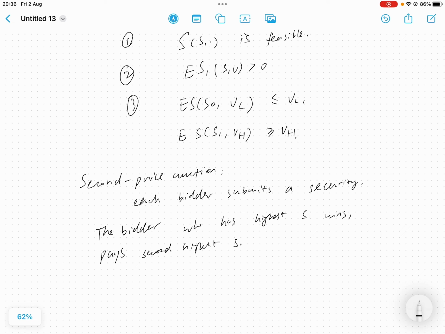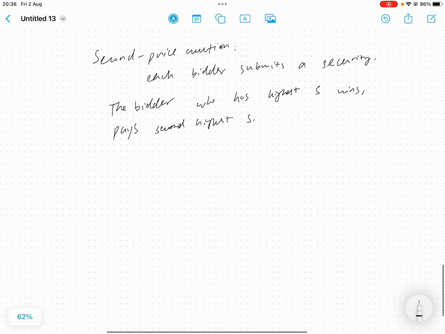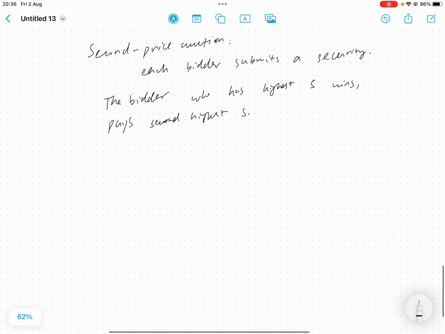Similarly, we have shown in the other episodes that the equilibrium for the second price auction is that each bidder bids their own private value, right? So here it's pretty similar, but it's using securities. That's given in their Lemma 2. The unique equilibrium in weakly undominated strategies, so it means the weakly dominant strategy.